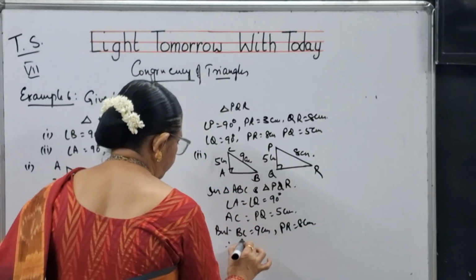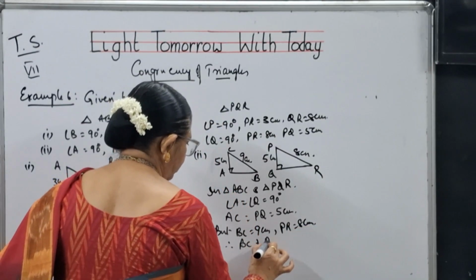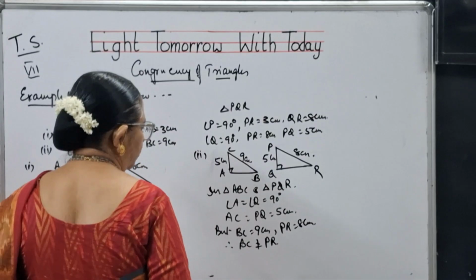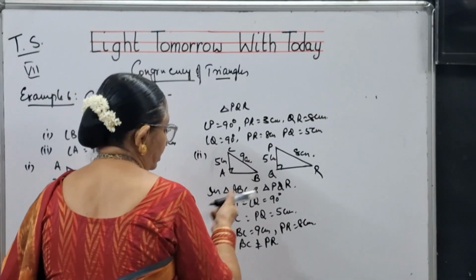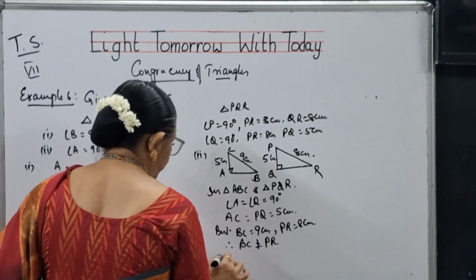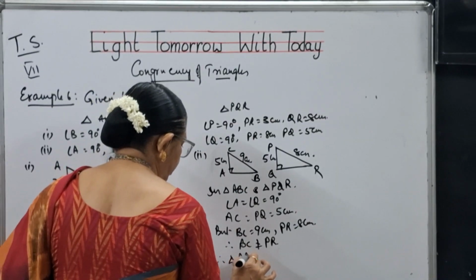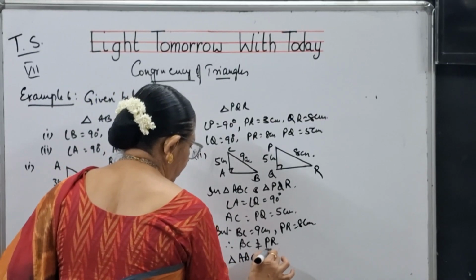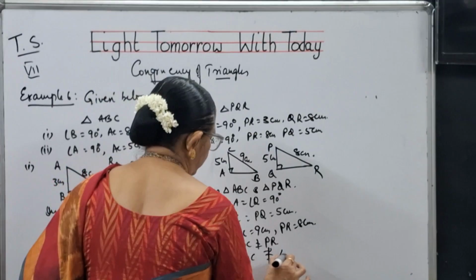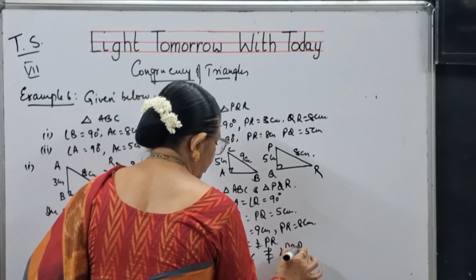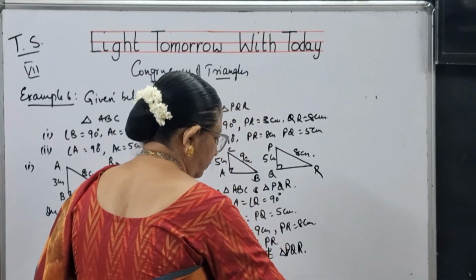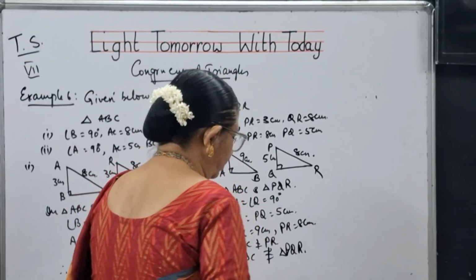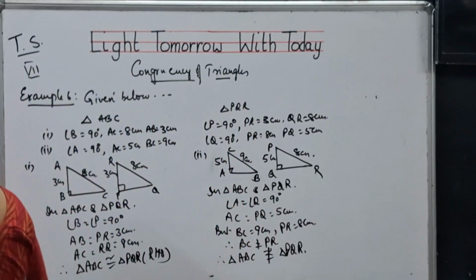Therefore, BC is not equal to PR. So we have only a right angle and one side. Hypotenuses are not the same. Therefore, triangle ABC is not congruent to triangle PQR. These are the solutions for this example 6, children. Please note it down.